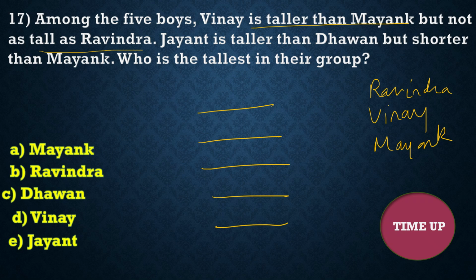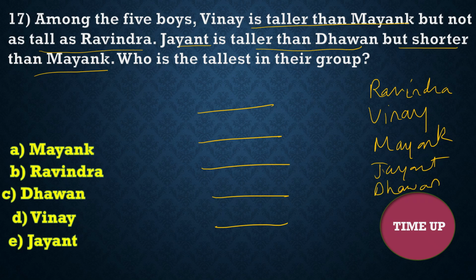Next, Jayant is taller than Dhawan, but shorter than Mayank. Jayant is shorter than Mayank, but Jayant is taller than what? Dhawan. That's it.